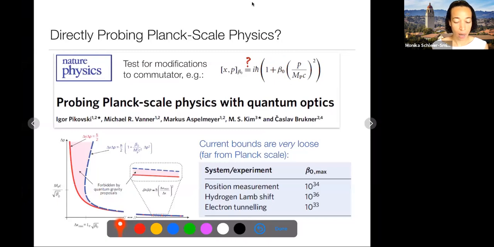So roughly you would like to be able to get to this beta parameter being of order 1. And in the experiments so far, you're about 30 orders of magnitude away.